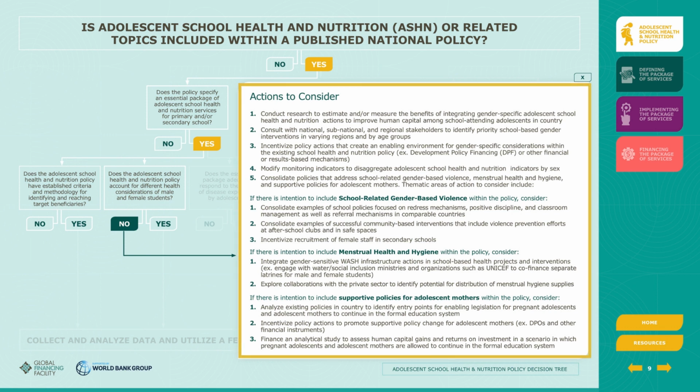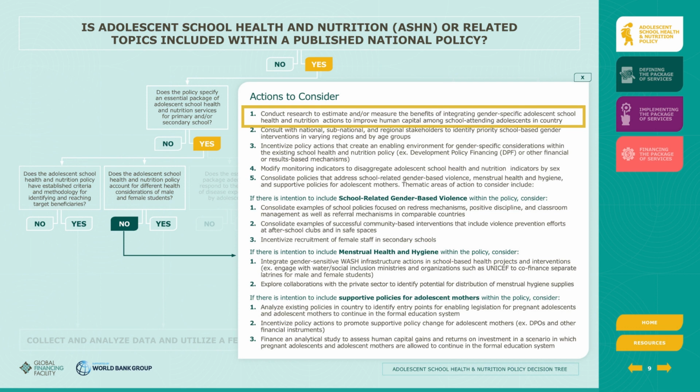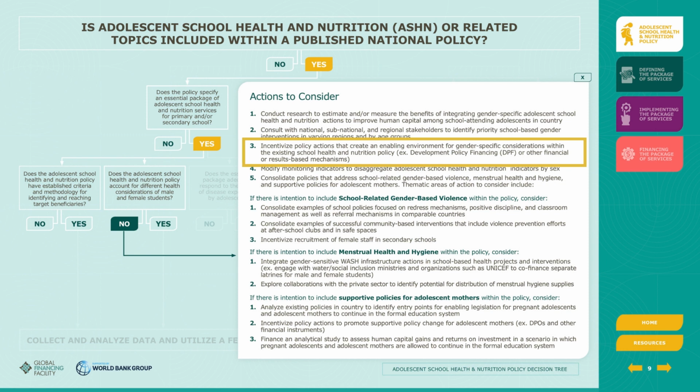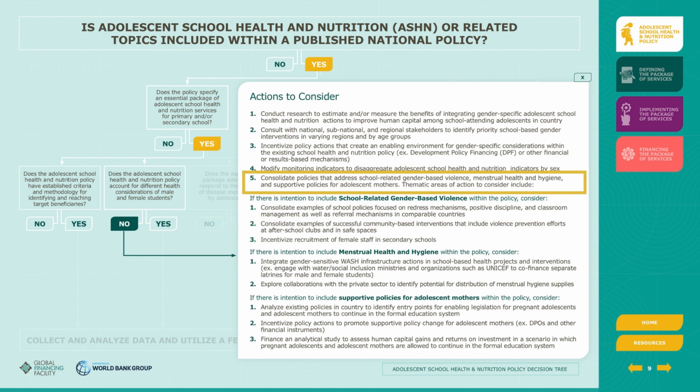As shown in the actions to consider, these include financing research on the benefits of gender-specific SHN interventions, holding in-country consultations at the national, subnational, and school level, incentivizing policy change through World Bank financing levers, identifying where indicators that are already collected can be disaggregated by sex, and consolidating policies that can serve as examples for the inclusion of gender-specific SHN interventions.